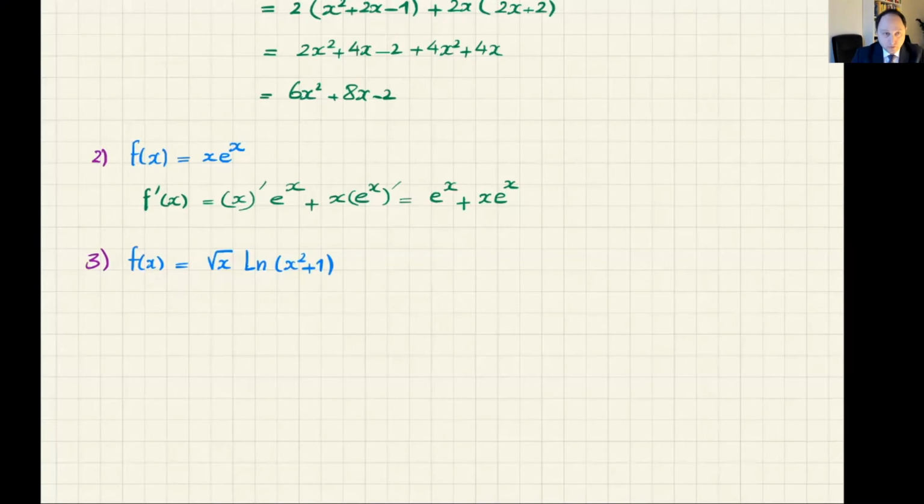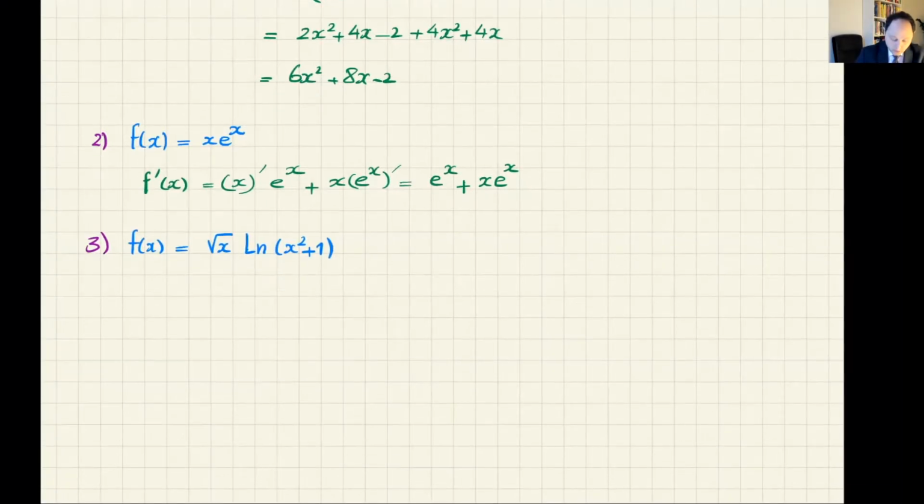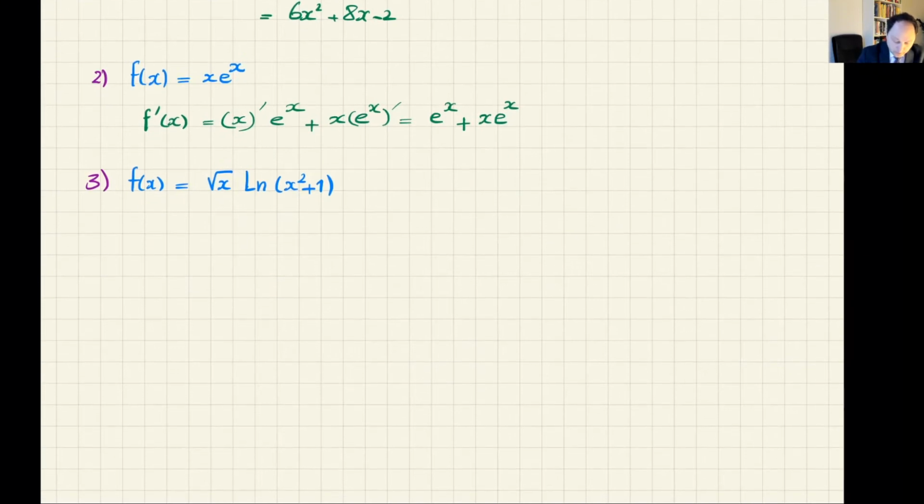So we want to differentiate this function. Again, you see that that's a product, so I can use the product rule. It becomes the derivative of the first one multiplied by the second one itself plus the first one itself multiplied by the derivative of the second one.